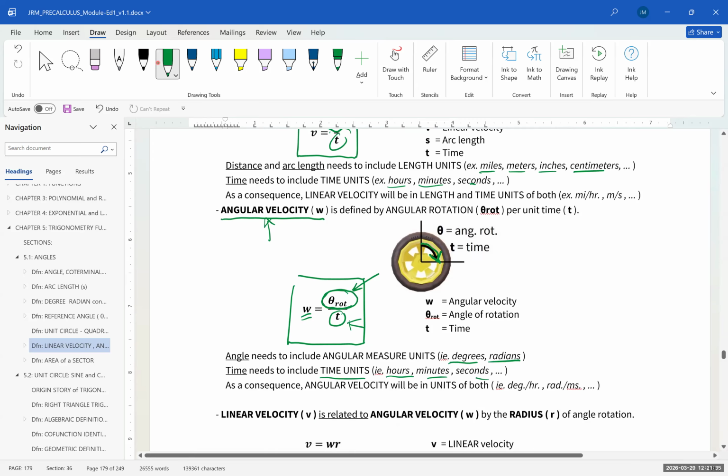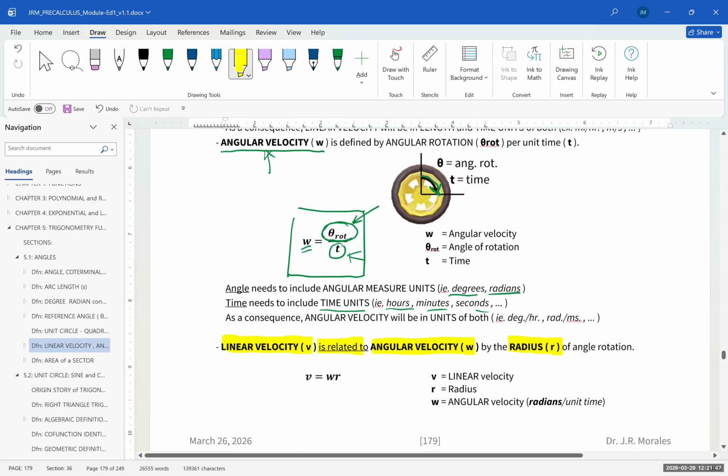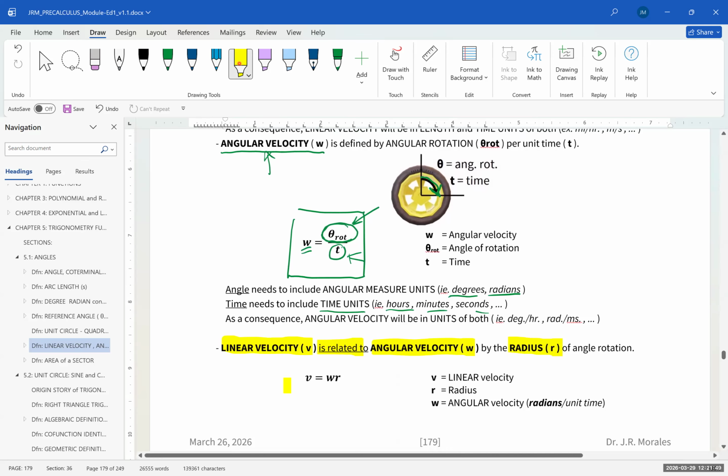Now, linear velocity is related to angular velocity by the radius of the angle of rotation. So it's directly related. So linear velocity is equal to angular velocity times the radius of the angle of rotation.